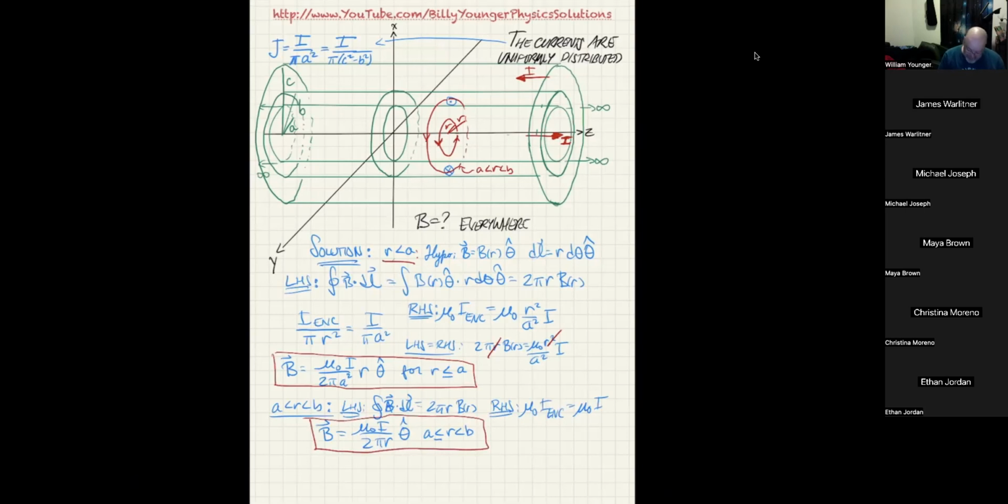All right. Now the next part is I've got to do B. Whoa, I should probably write that in blue. Next part is I've got to do B is less than R is less than C. So my Amperian loop in this case is going to be up here somewhere.